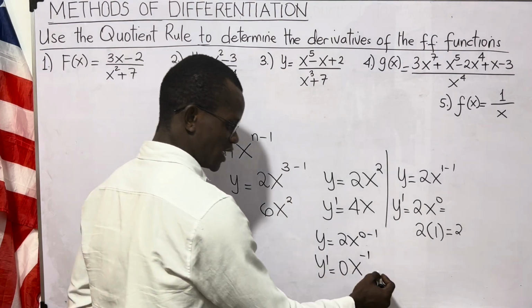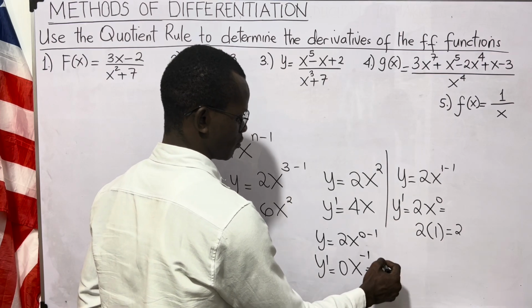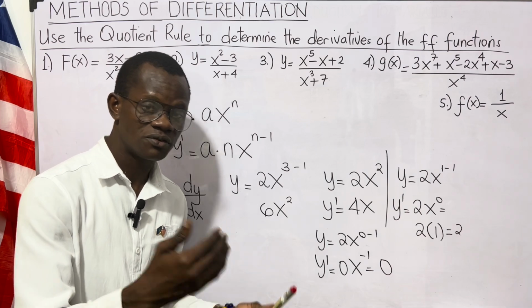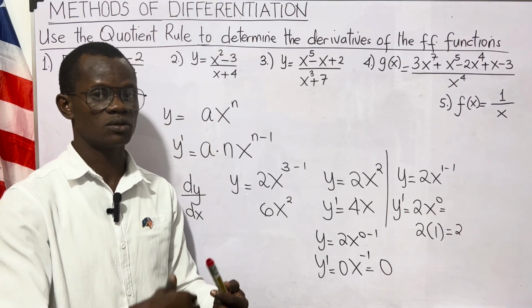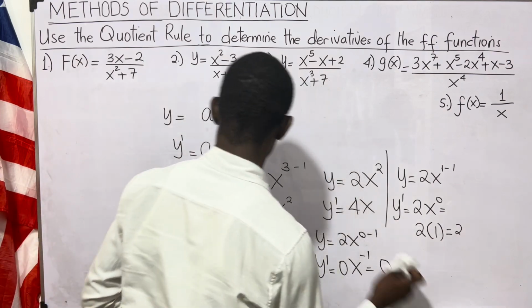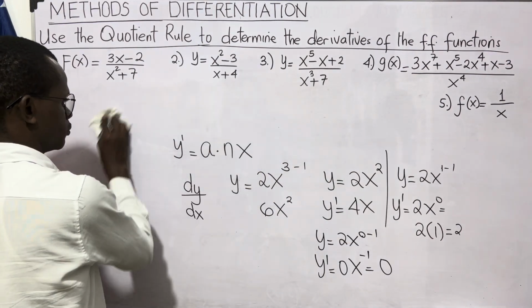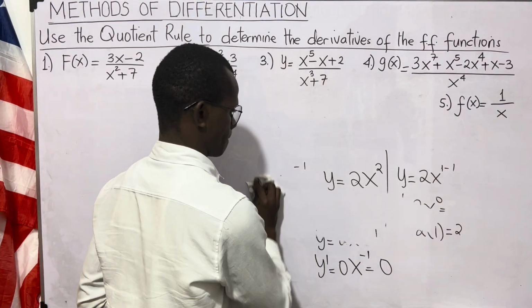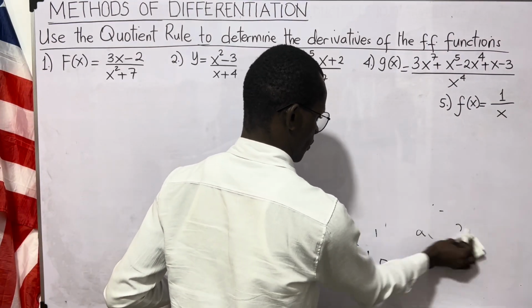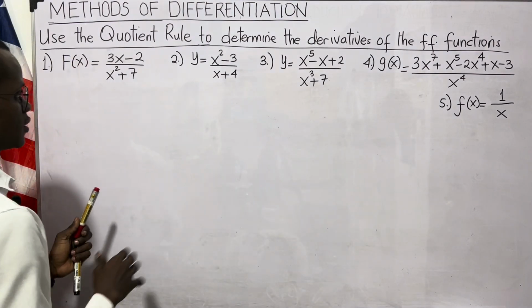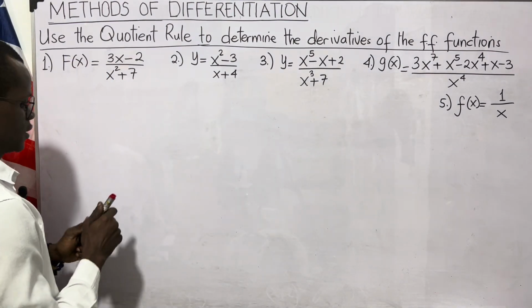But 0 times any expression is just equal to 0. So that's why we said the derivative of a constant, the derivative of a number, is just equal to 0. Any number. So here's a quick review, and this is important because throughout we will be using it.